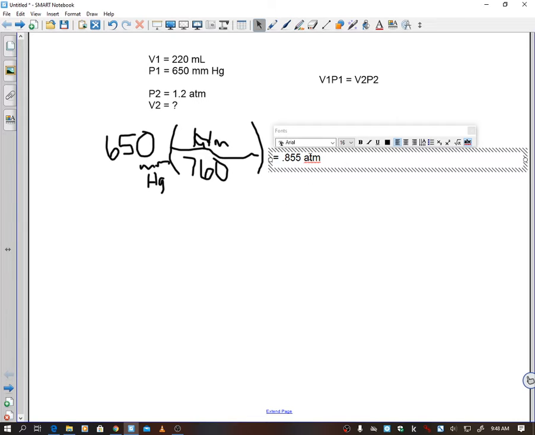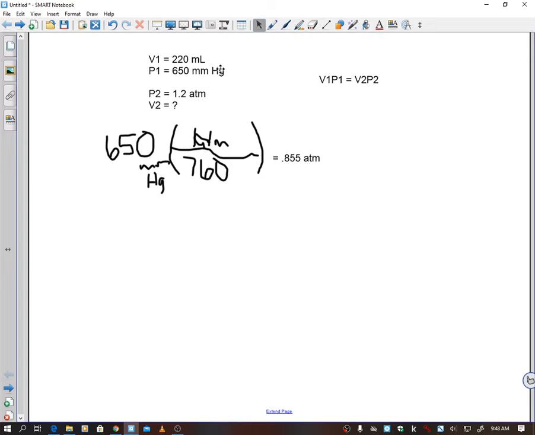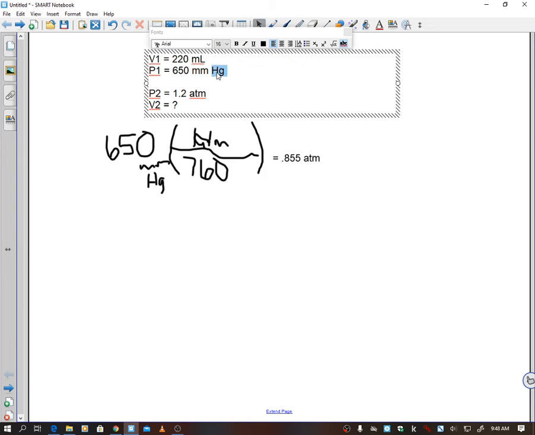Now this is my new P1. I'm just going to cross this out and slash it. This is 0.855 atm, and this is what we're going to use, right here, the 0.855.